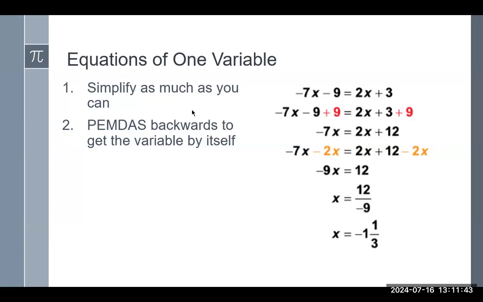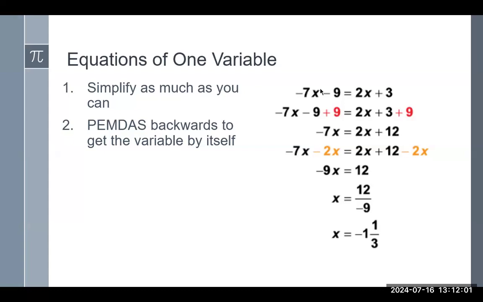You can apply PEMDAS backwards. PEMDAS is parentheses, exponent, multiplication, division, addition, subtraction. So applying it backwards means we're going to apply subtraction, addition, then division, multiplication, then exponents and parentheses.